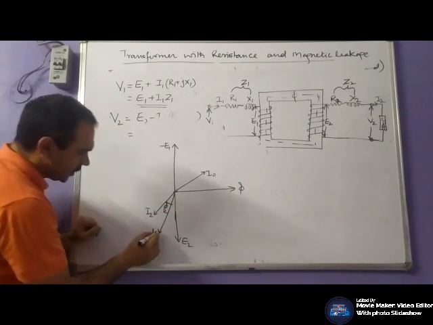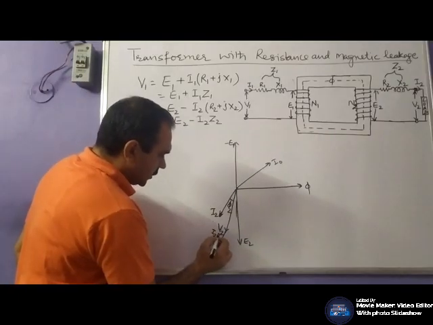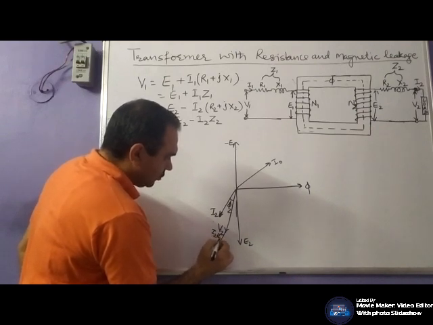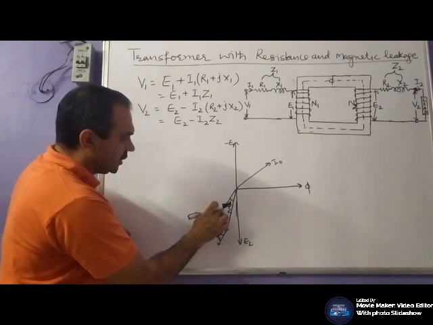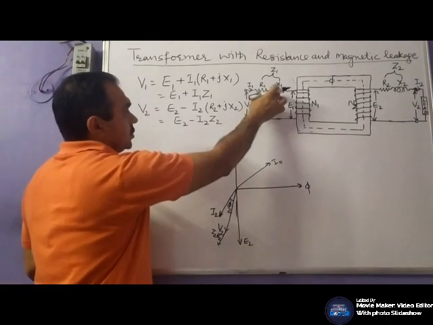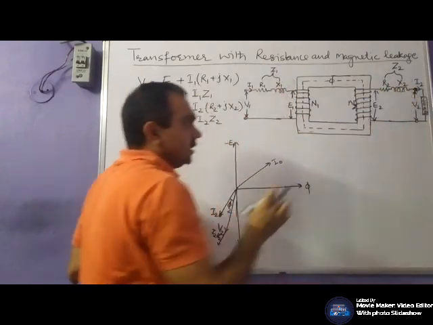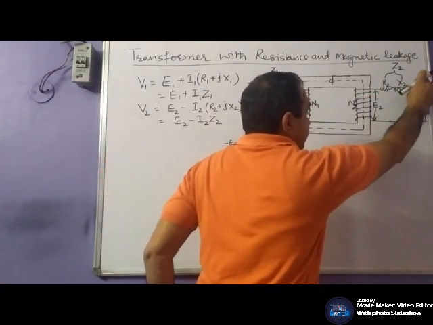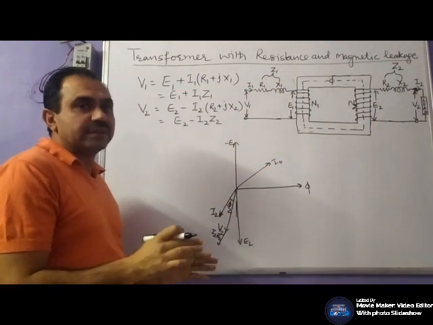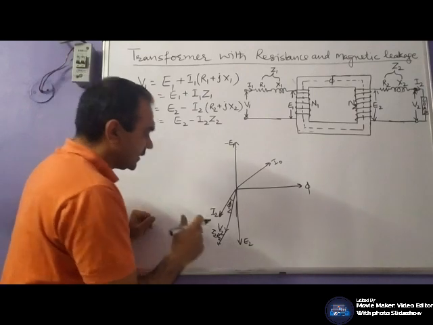Now voltage drop across the resistance, I2 R2, which is in phase with current I2. Voltage drop across this and this current would be same phase. Voltage drop across this and this current have the phase difference of 90 degrees, in which your current lags.